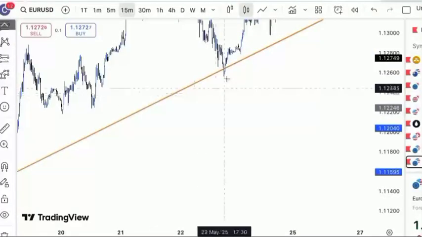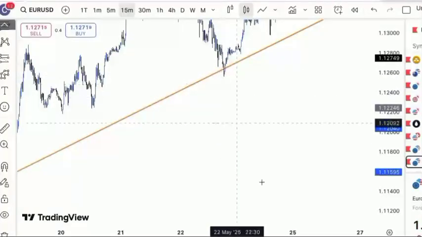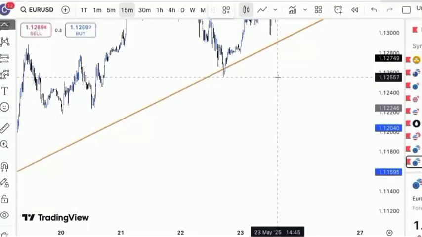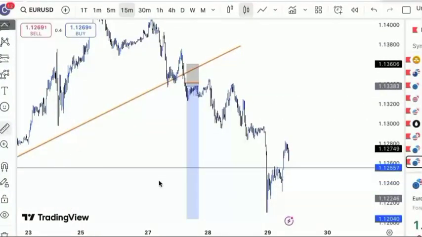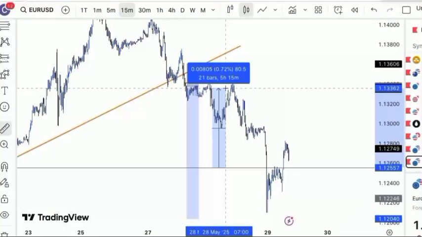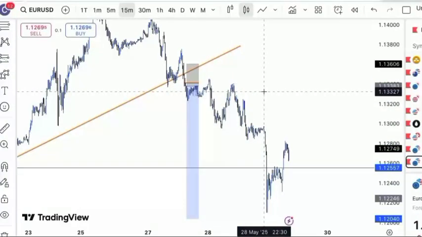Yeah, here, the next one. This should be your take profit, and if you measure that, that should give you 80 pips. Yeah, 81 pips actually, which is good. Good trade, good setup.